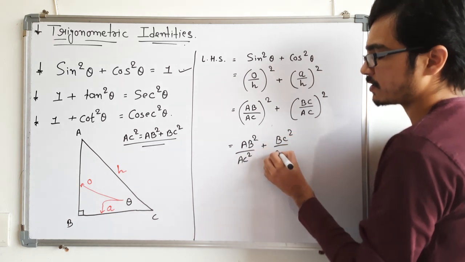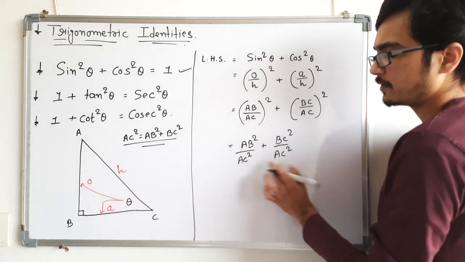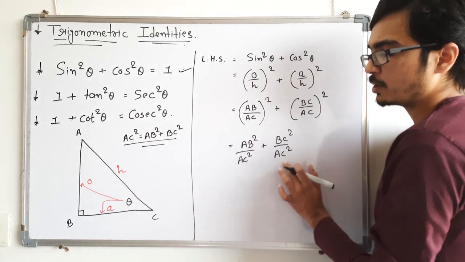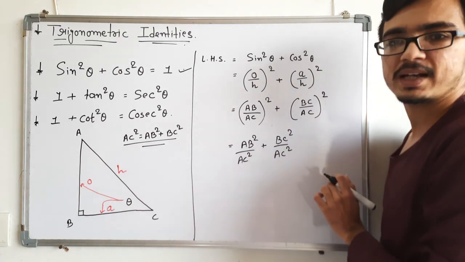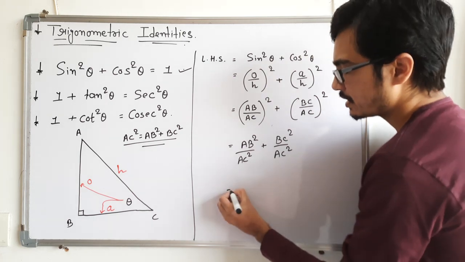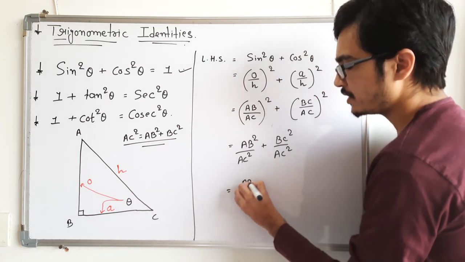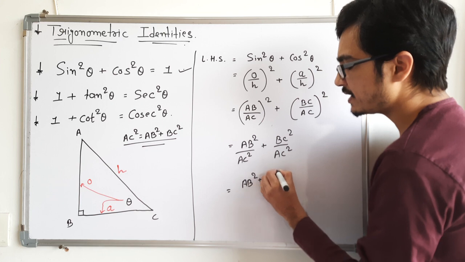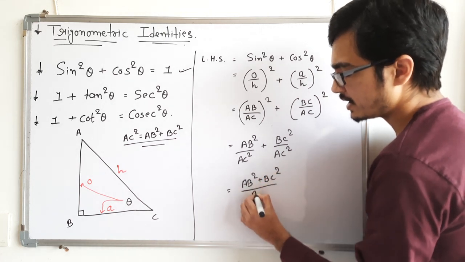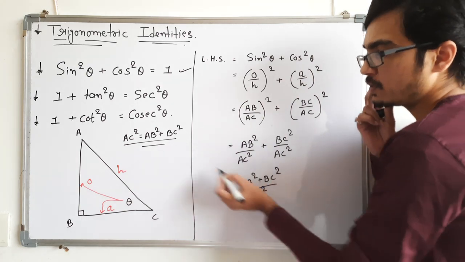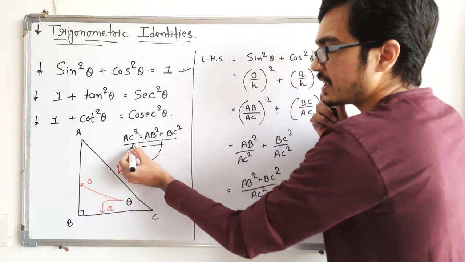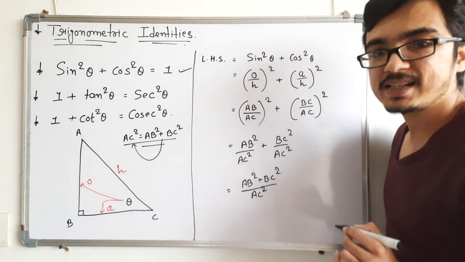We can observe both terms have the same denominator, AC square, so we consider AC square as our LCM. In the numerator, AB square plus BC square, and in the denominator, AC square. Now as we know, AB square plus BC square is equal to AC square.